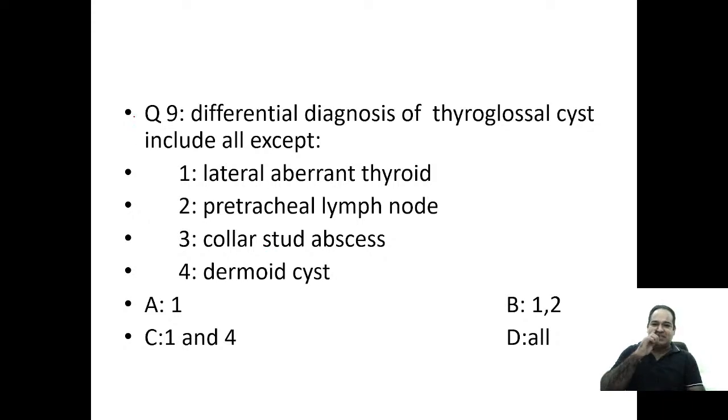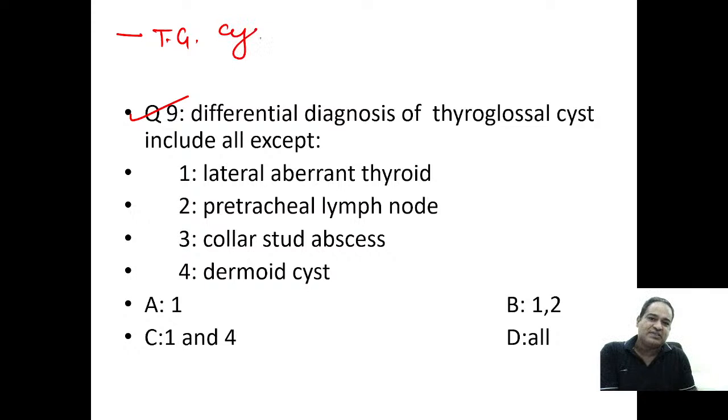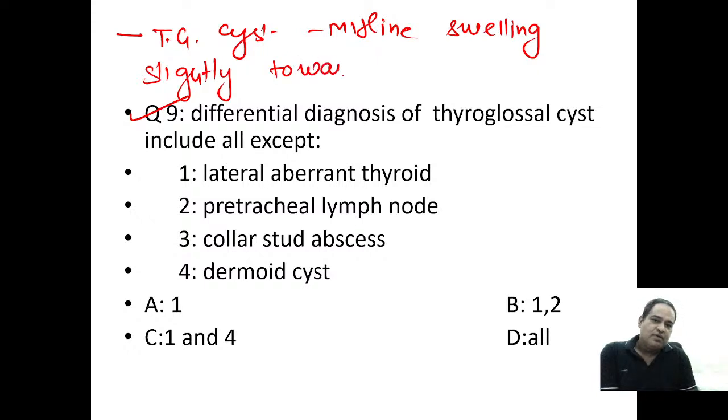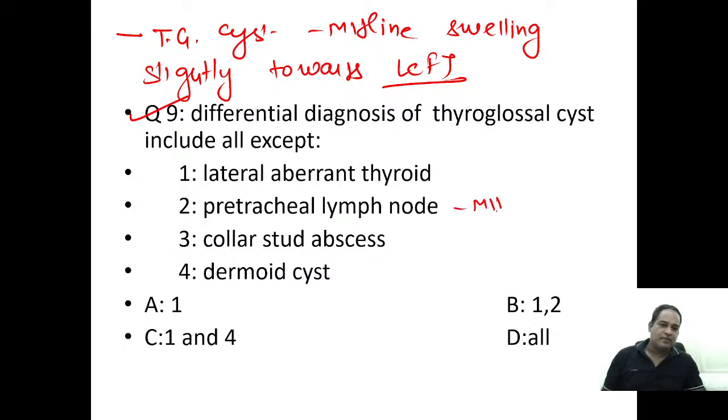Okay, now answer this. See, thyroglossal cyst is a midline swelling, present slightly towards the left. Now you see, midline swelling: collar stud, midline swelling: dermoid cyst, midline swelling.